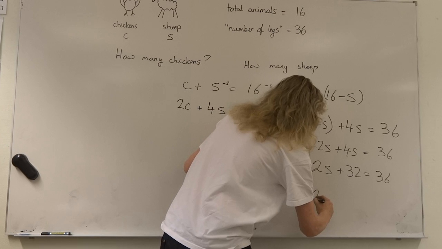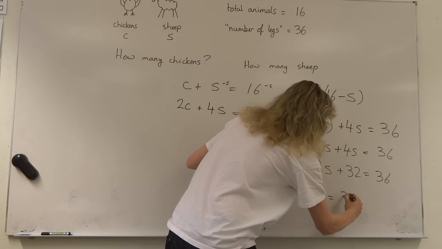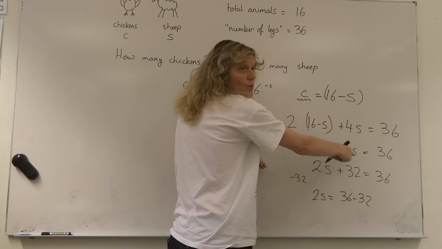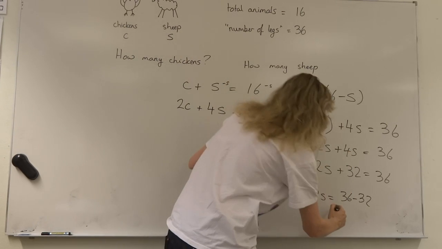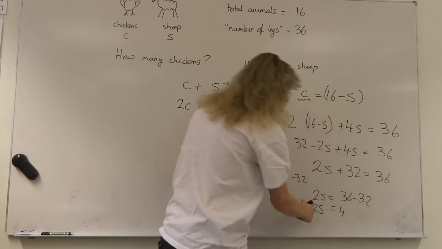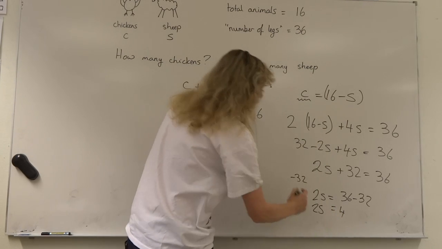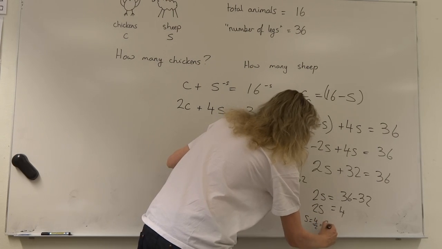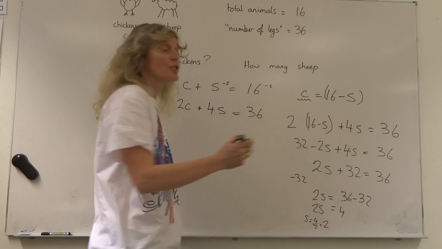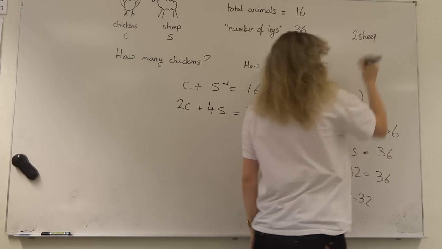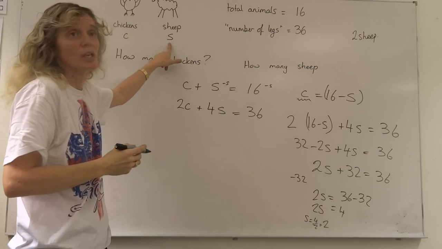It gives us 2s equals 36 minus 32. And 32 minus 32 gives us 0 there. So it gives us that 2s equals 4. If 2 lots of s equals 4, then s equals 4 divided by 2 equals 2. So now I know that I have 2 sheep, because S was the same thing as sheep.